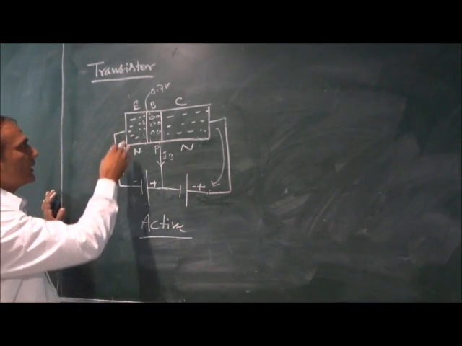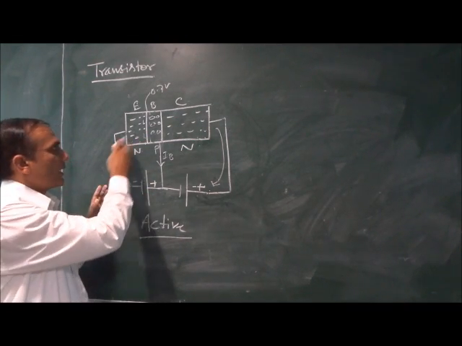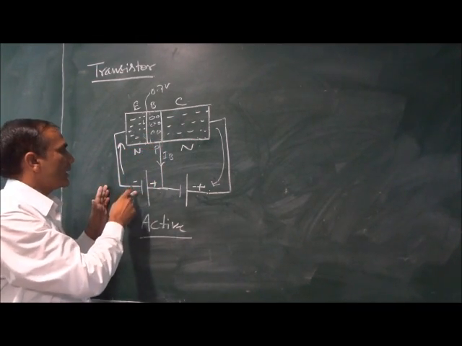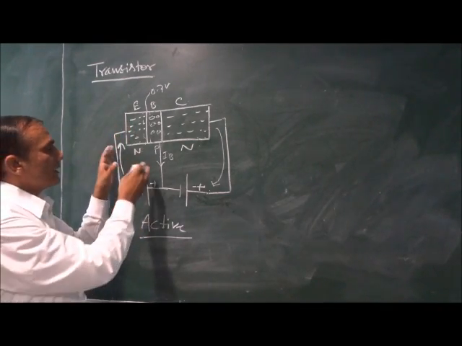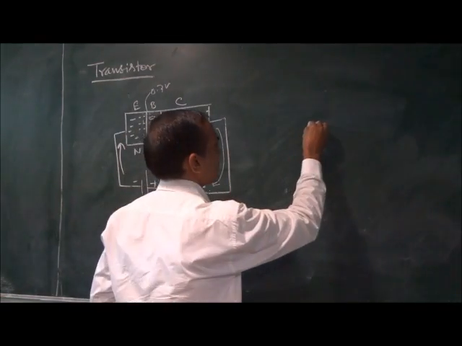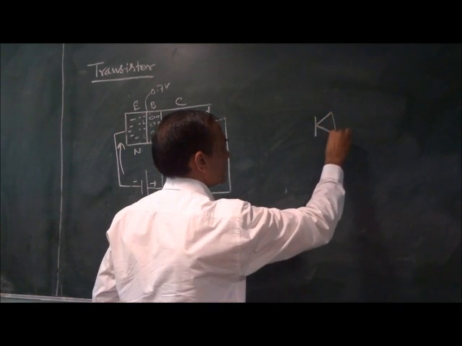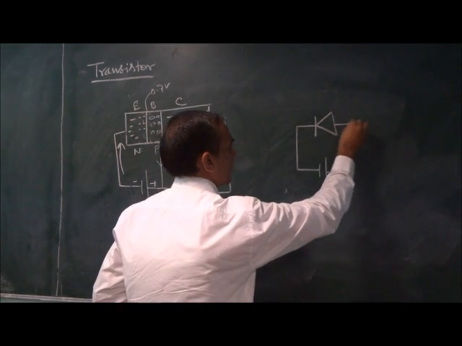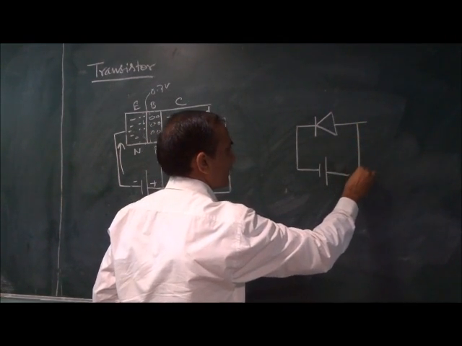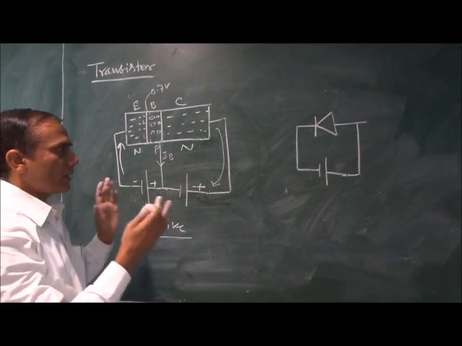Here the emitter to base junction is forward biased. It is forward biased because negative is connected to negative. So we can understand this as if one diode is connected here from emitter to base. The analogy to this we can understand in a simpler way. If this supply is connected, this is the part of the emitter to base region only.